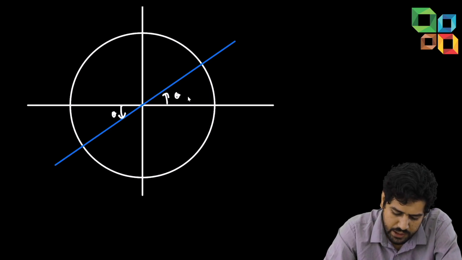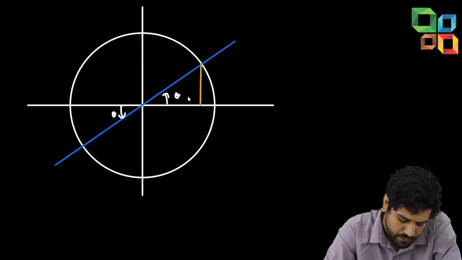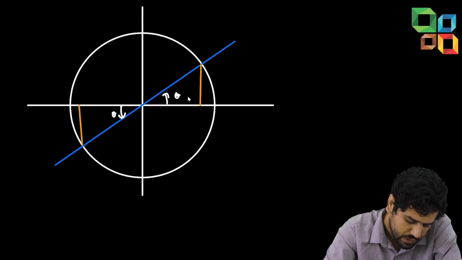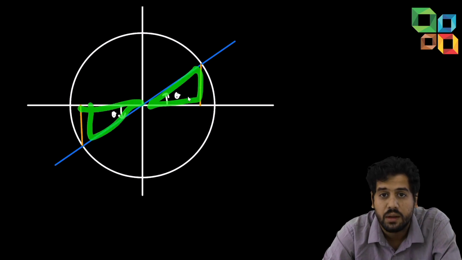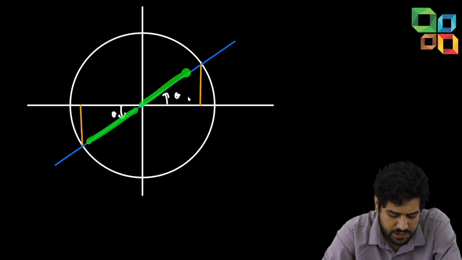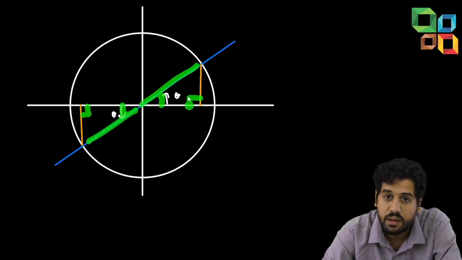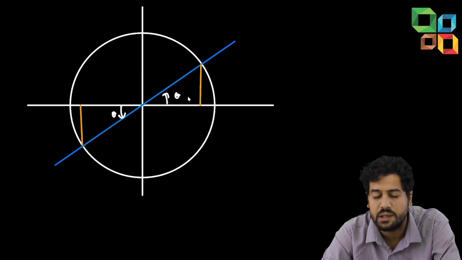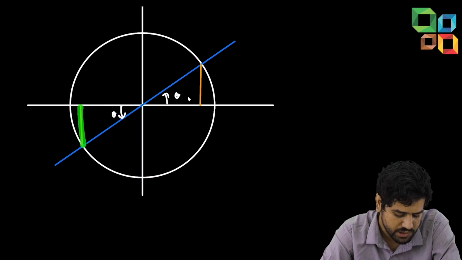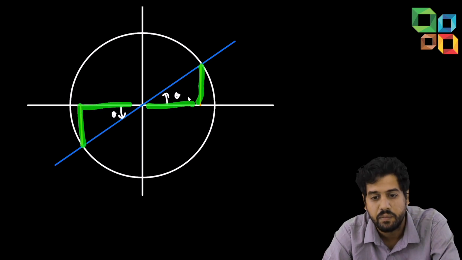Okay. And now if you look at these two triangles, what can you say about these two triangles? They're definitely congruent, aren't they? Hypotenuse is the same, this angle is same, another angle is same, right? And so from AA these two are congruent, right? So this by this will be equal to this by this, right?